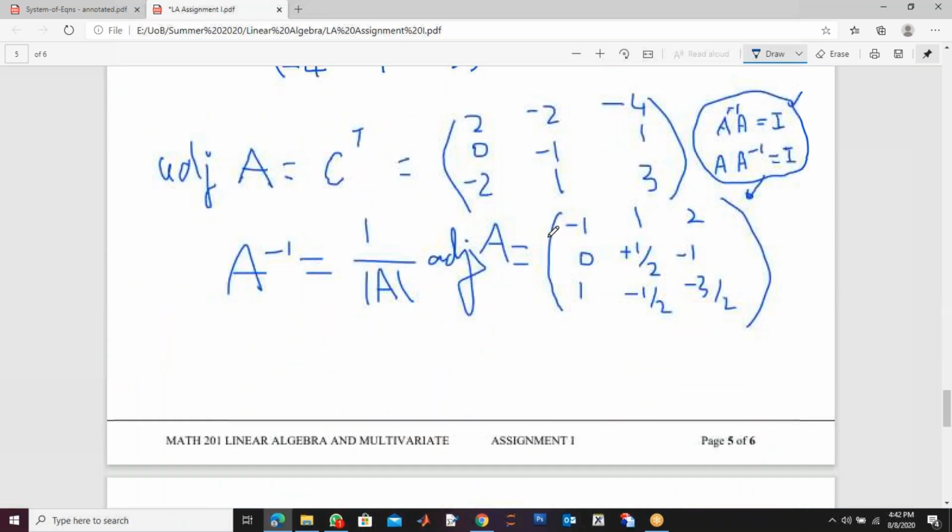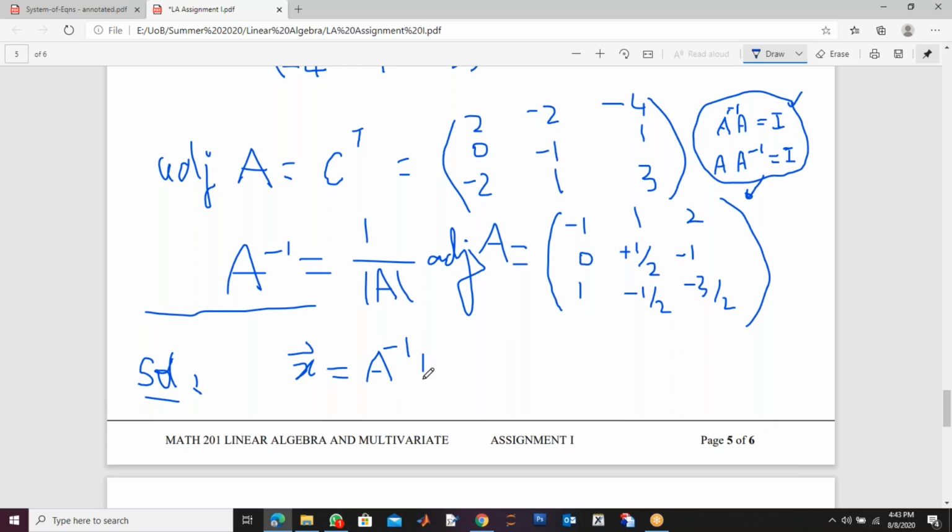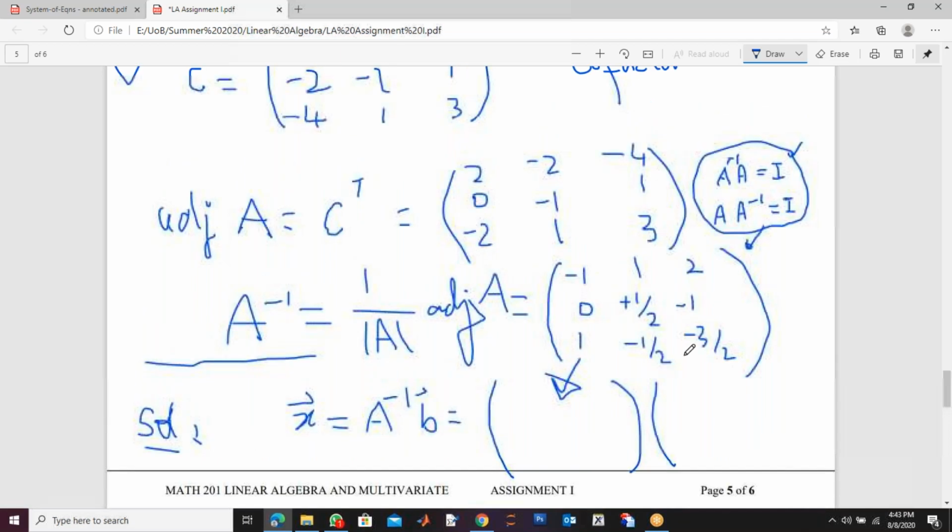Anyway, the idea is this, finding A inverse. So what will be the solution of the system now? The solution of the system will be X is equal to A inverse B, right? So at the end, after getting the inverse, you will multiply your inverse with B. So your inverse, which you got from here, and the right hand side of your system, which is 9 6 2.